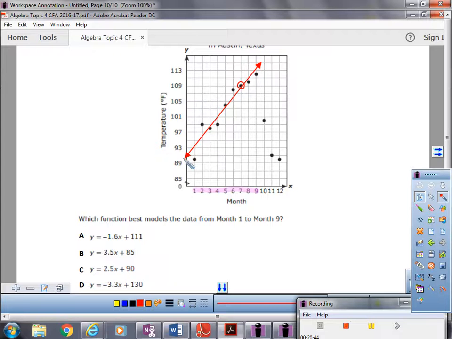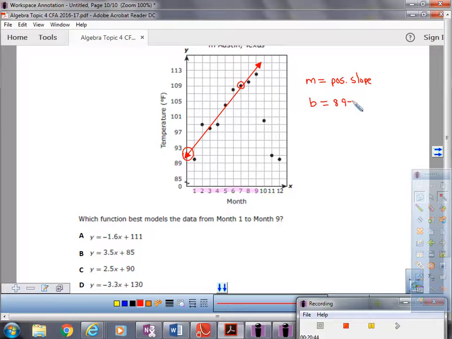If you look at your y-intercept, because you want to see whereabouts it's crossing the y-axis, somewhere between 89 and 93. And it's got a positive slope. So the m we know is going to be a positive slope. And the b, which is your y-intercept, is somewhere between 89 and 93.